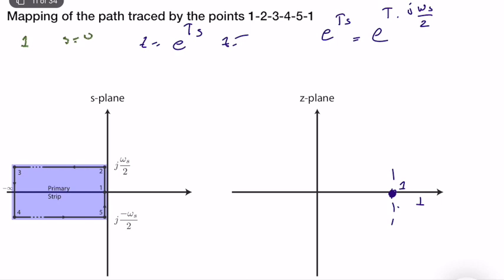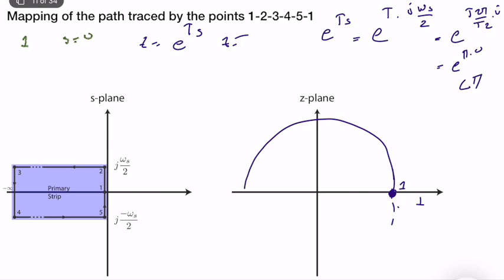Omega s is equal to 2 pi over T. So this is equal to e to the power T, 2 pi divided by T, capital T, times j, and we also have the 2 in the denominator, sorry for that, so e to the power pi j. So phase is equal to pi. So we know that we will stay on the unit circle, and this is my 2. That's good, so we hit the 2.